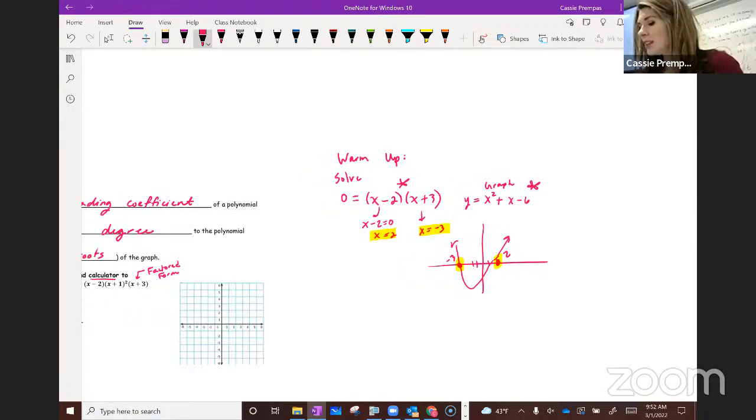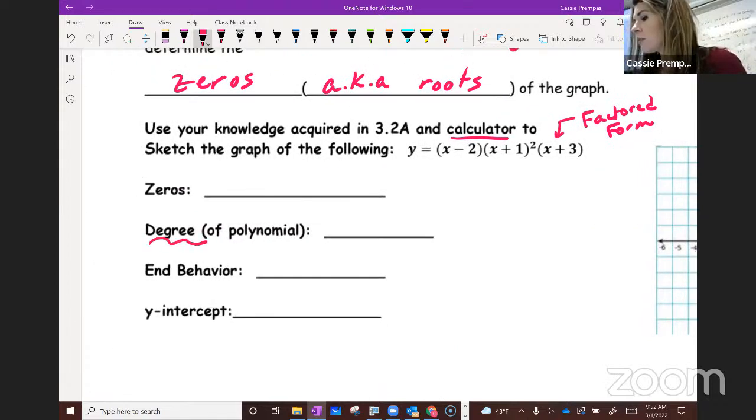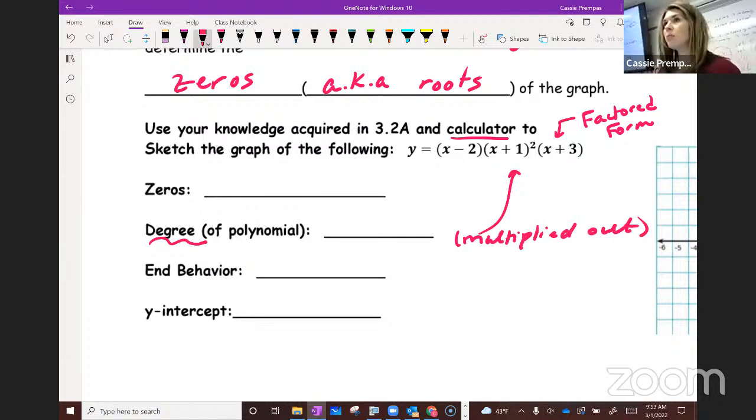So when I'm looking at this equation and I say, what is the degree of this polynomial? You want to think about it multiplied out. Now, you do not have to actually multiply out the whole thing. The only thing you have to think about is what would be the leading term?